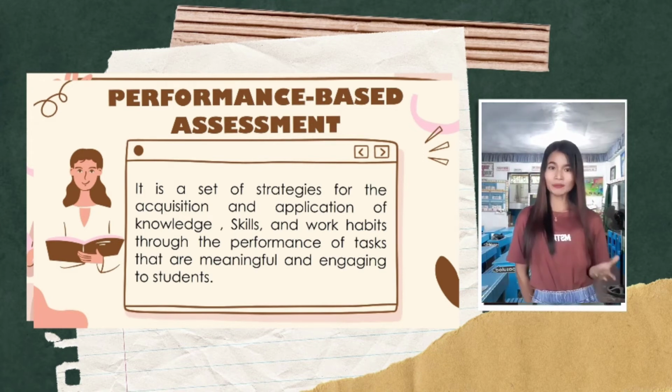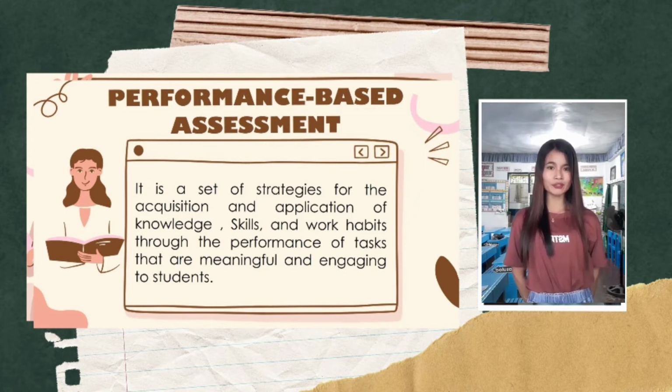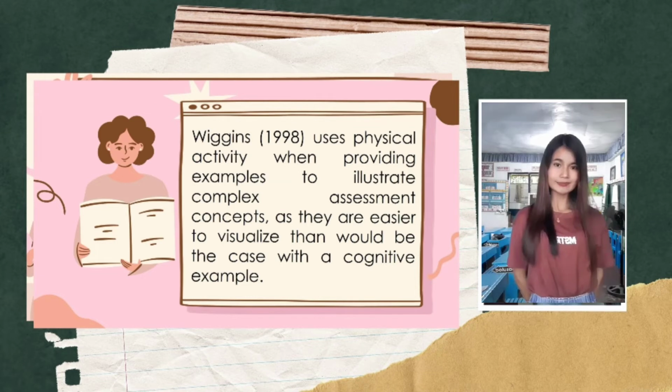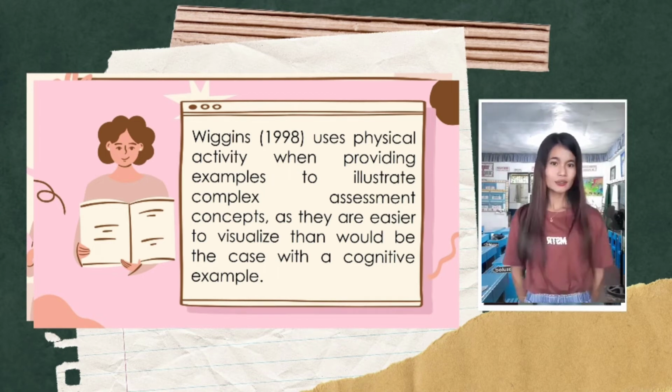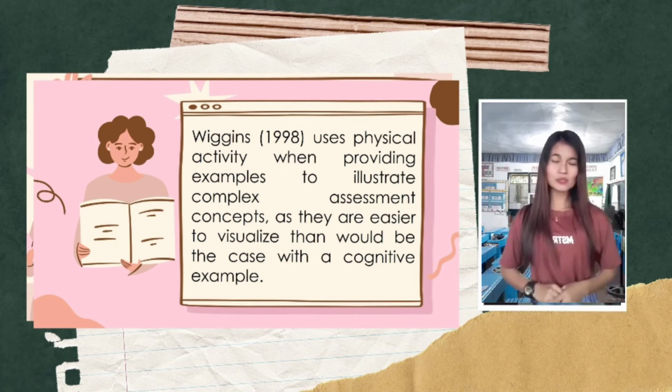Performing is like performing a basic exercise or dancing. Producing something is like projects or a portfolio of the pupils. In Wiggins 1998, physical activity is used when providing examples to illustrate complex assessment concepts, as they are easier to visualize than would be the case with cognitive examples.